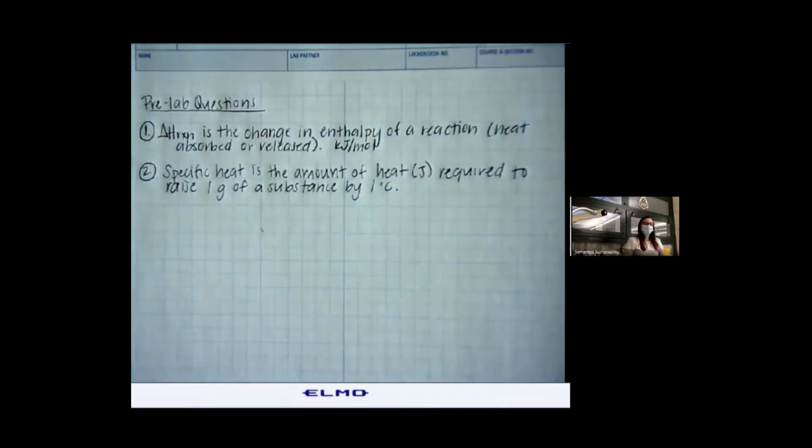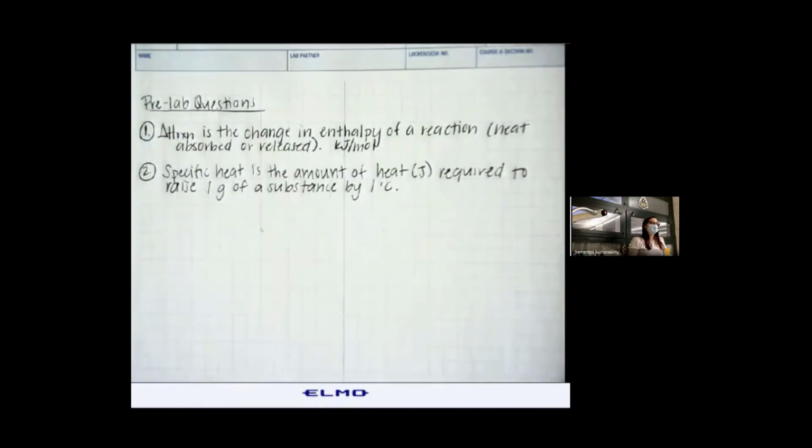Because your units for specific heat are joules per gram degree Celsius. And so specific heat is the amount of heat required to raise 1 gram by 1 degree Celsius.